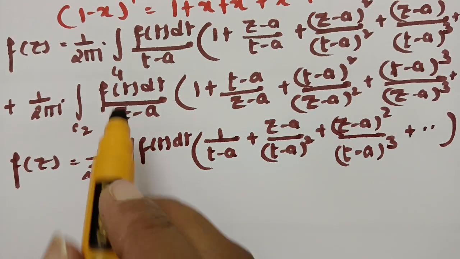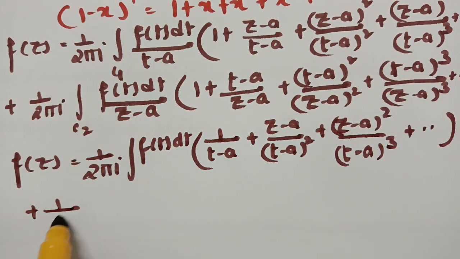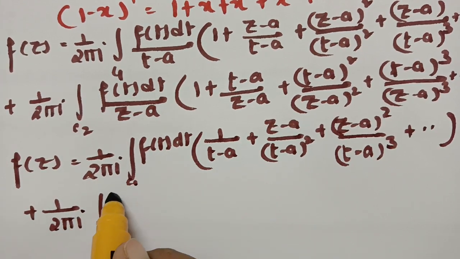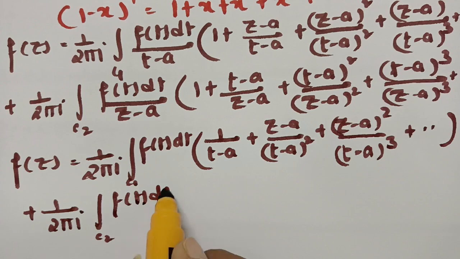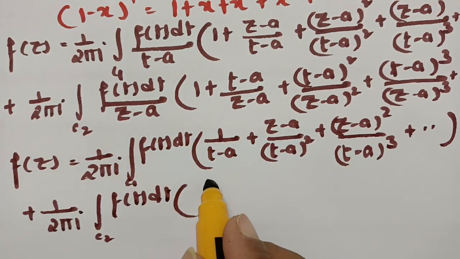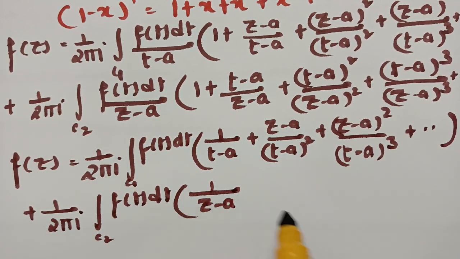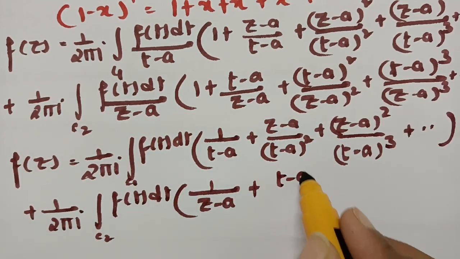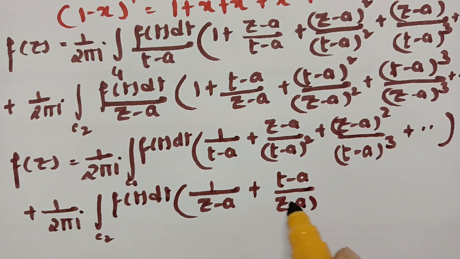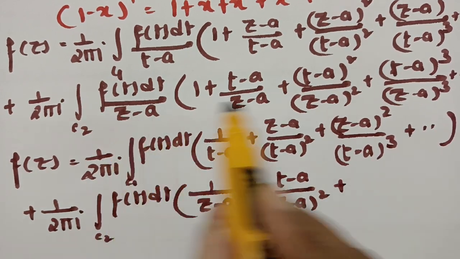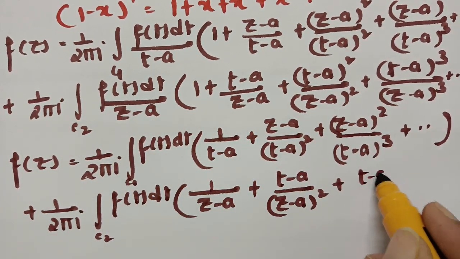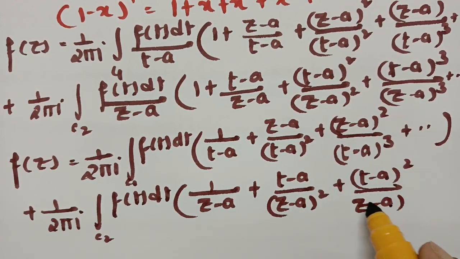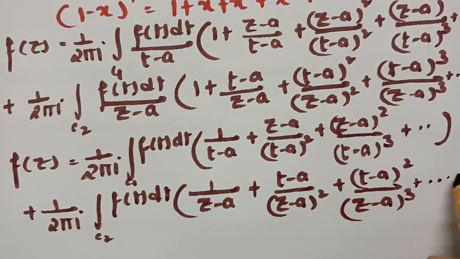And the next step here is plus 1 by 2 pi i times the integral over c1 of f(t) dt into, if I send inside, so this will be 1 by (z minus a), plus, if I send this inside, this will be (t minus a) by (z minus a) whole square, and if I send inside, this will be (t minus a) whole square by (z minus a) whole cube, plus and so on.